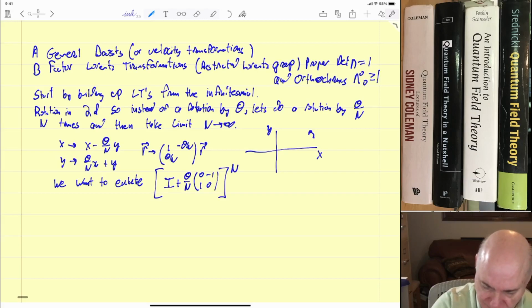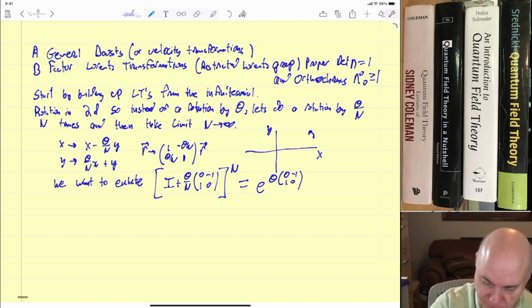So I've just left the 1 out here. I just split this up into the identity plus that. And you remember from calculus your basic exponential formula. So this is equal to e to the theta times this matrix, 0, minus 1, 1, 0.